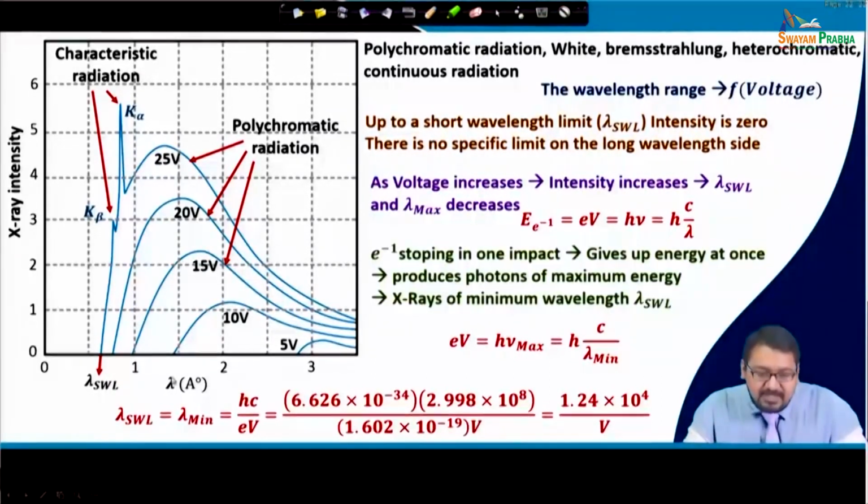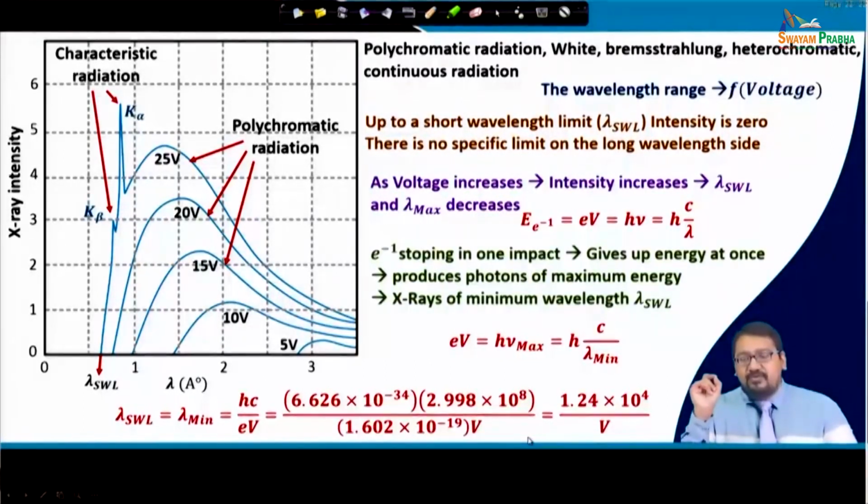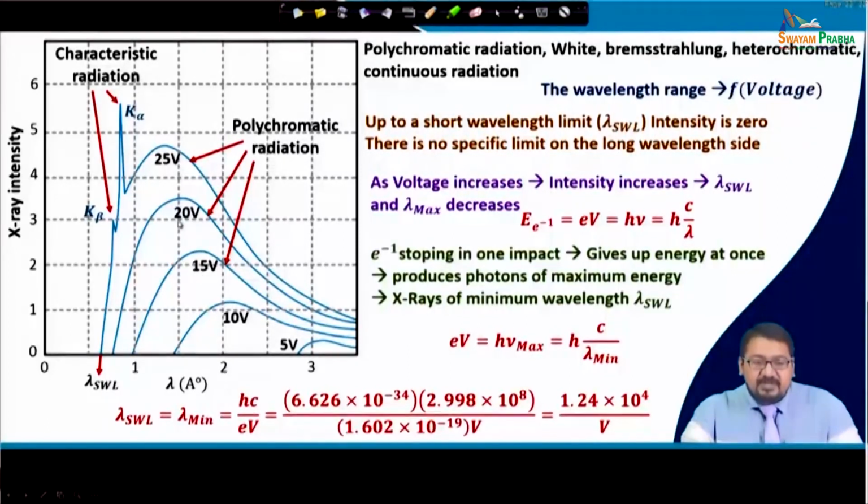So if we calculate the lambda SWL, it becomes equal to 1.24 times 10 to the power 4 per unit voltage. That means one can calculate the lambda short wavelength limit for different voltages, 5, 10, 15, 20 or 25 kilovolts, right?